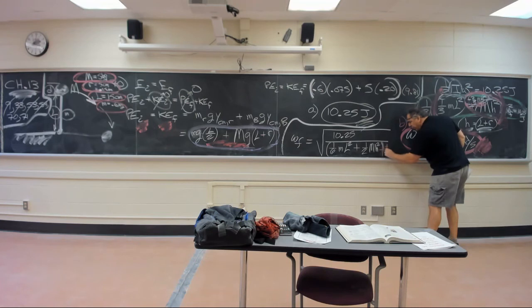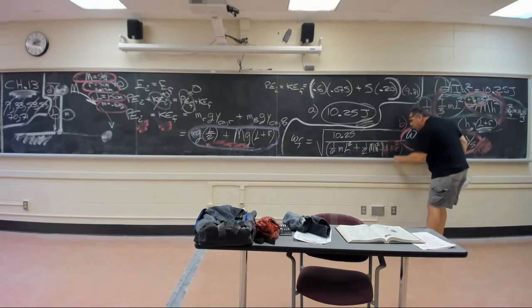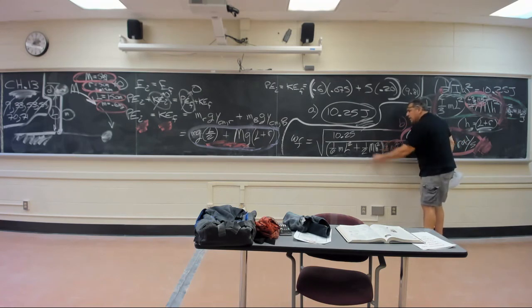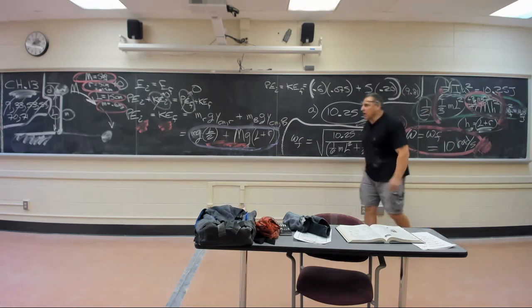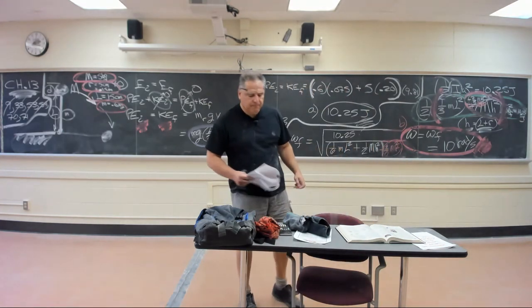This makes the denominator bigger. Divide by something bigger than what it was before, you get a smaller answer. The square root is going to be smaller than it was. That's why you get 9.9.